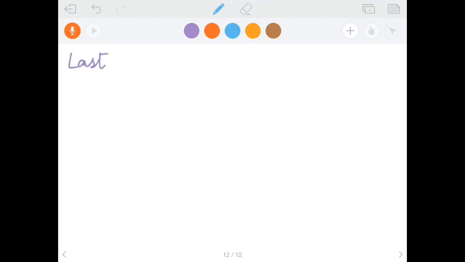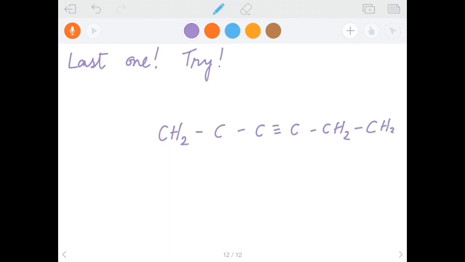Now let's look at the last one. I'm sure all of you should be able to do this much more comfortably now that we have done so many examples. So I'm going to take an example of CH2, C, triple bond C, CH2, a CH3.